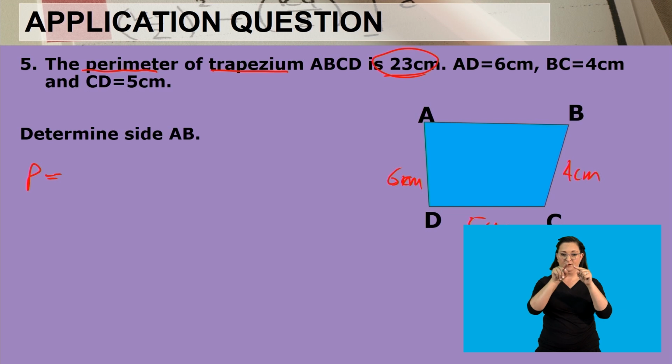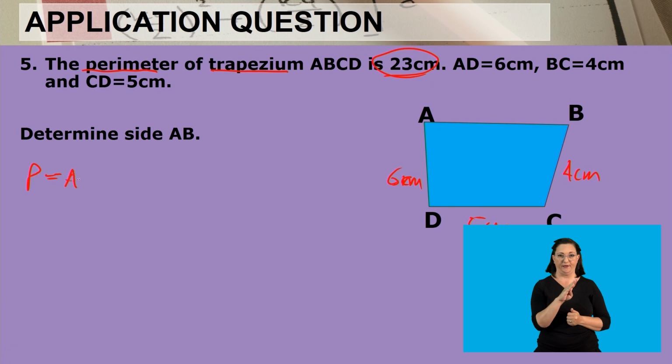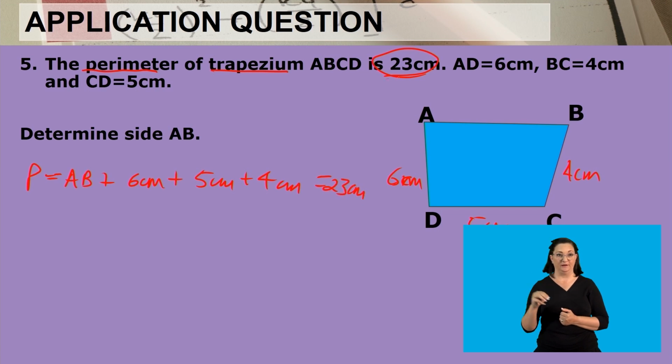The one that we want is AB. So our perimeter would be given by AB plus 6 centimeters plus 5 centimeters plus 4 centimeters, and it should equal 23 centimeters. That's what they gave us as the perimeter total.